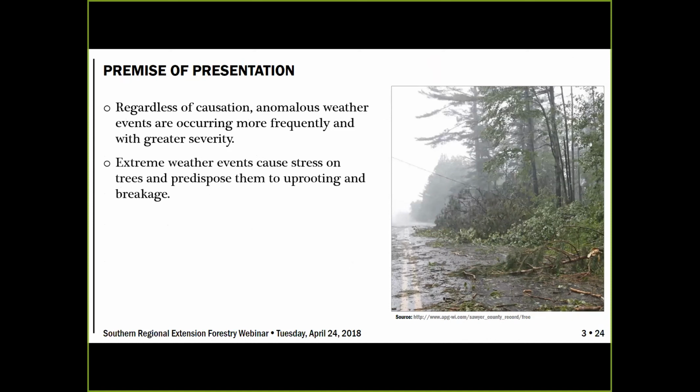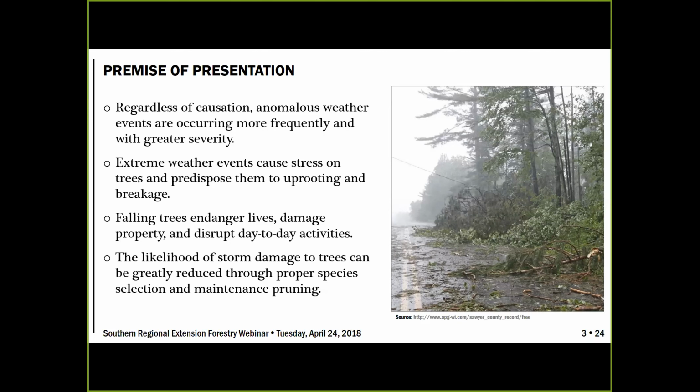Extreme weather events cause stress on trees and predispose them to uprooting and breakage. These falling trees may endanger lives, damage property, and disrupt day-to-day activities. However, the likelihood of storm damage to trees can be greatly reduced through proper species selection and maintenance pruning. And these are the two key elements of my presentation today.